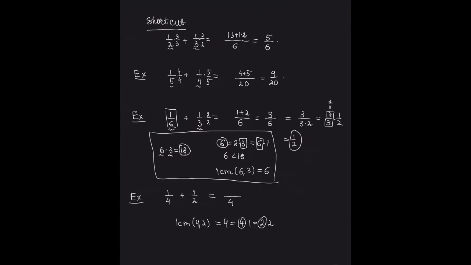So our common denominator is going to be 4. And for the first fraction, we do not need to multiply it by anything. However, for the second fraction, we need to multiply it by 2/2. So then in the answer, in the numerator, we are going to get 1 plus 2. So in the end, the answer is 3/4.